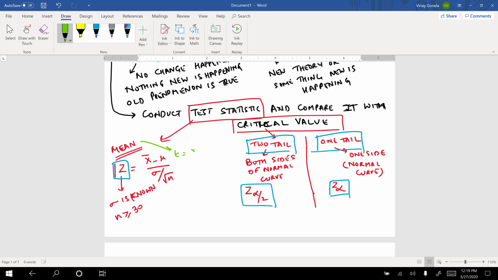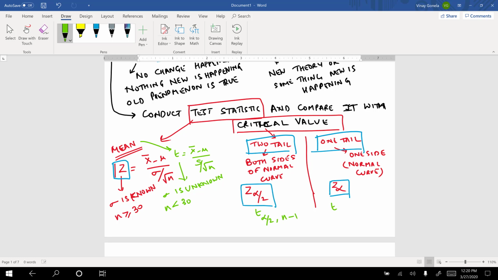The formula would be x bar minus mu over s over root n, and this is used when sigma is unknown and n is less than 30. For this you use t alpha over 2 with degrees of freedom n minus 1, since you are evaluating on both sides.